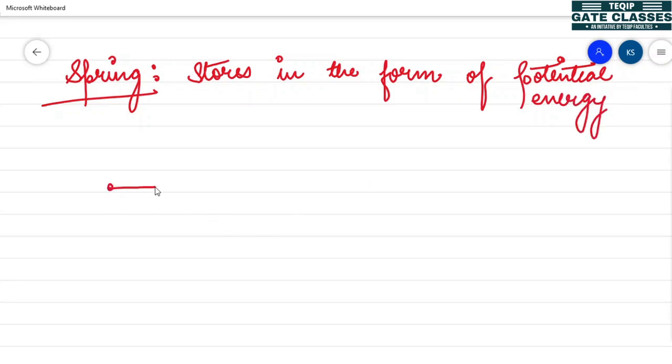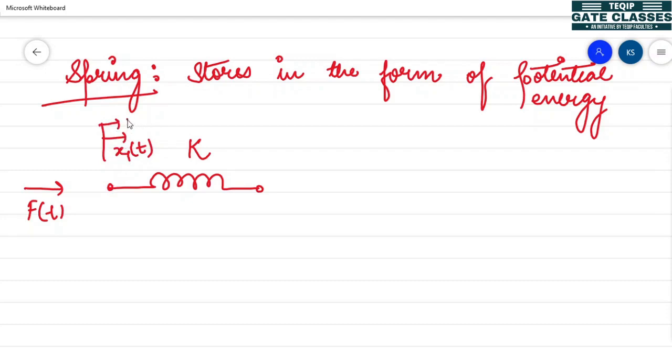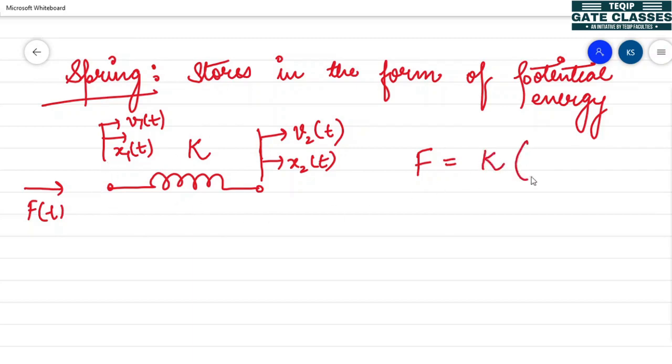So I have defined a spring whose spring constant is K. If I am applying a force at this node, displacement will occur at this node, x1 of t, and some velocity v1 of t. Displacement here is x2 of t and velocity is v2 of t. So according to Newton's law of motion, force developed by the spring is K times x1 minus x2.